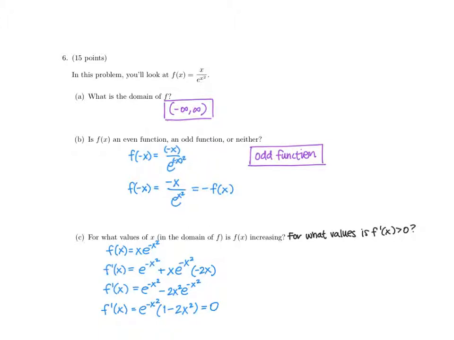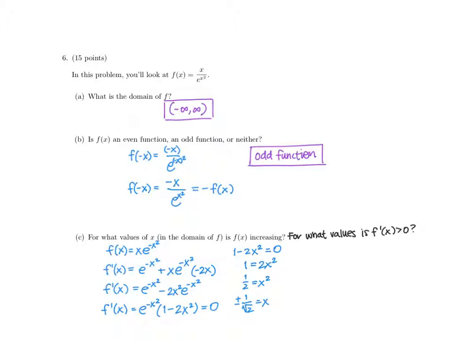And we mentioned already that e to the negative x squared, right, that can never be 0. It is always positive. No matter what you raise e to, you will get a positive number. But 1 minus 2x squared, that can give us a 0. So when will 1 minus 2x squared be equal to 0? Let's figure that out. And we find two critical points, positive and negative 1 over root 2.